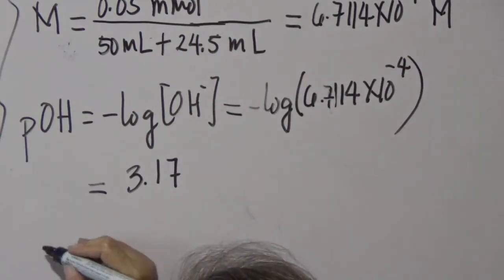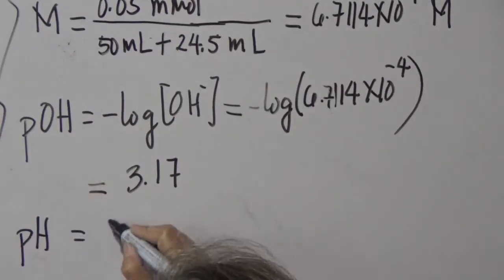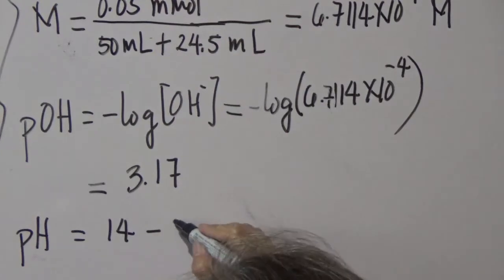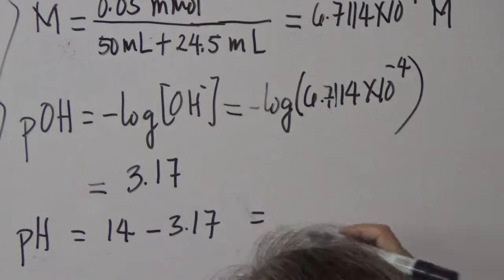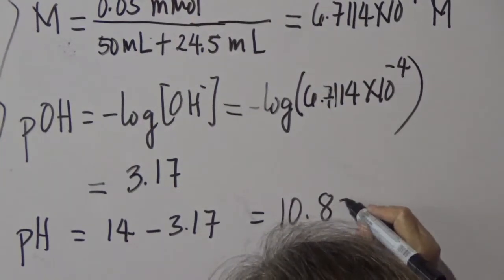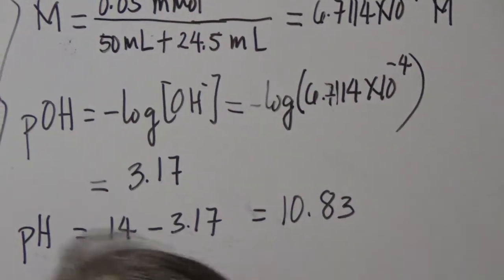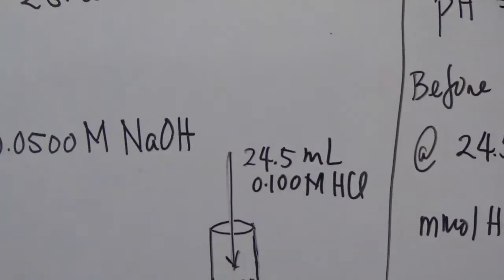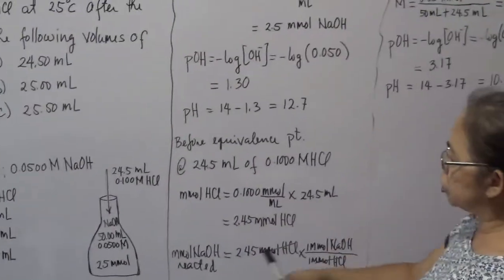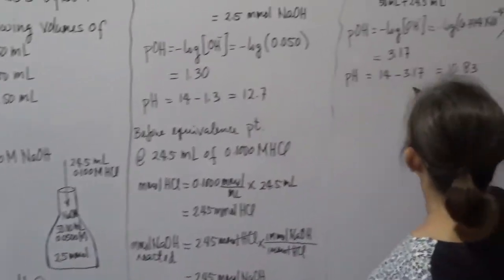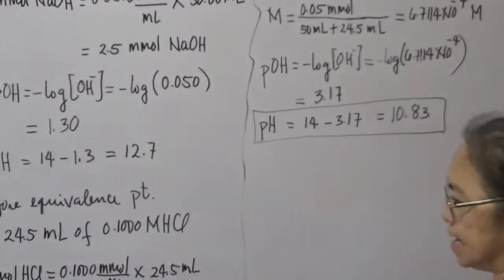That's 3.17. So the pOH is 3.17, and the pH is then equal to 14 minus 3.17, which is equal to 10.83. So, upon the addition of 24.5 ml of hydrochloric acid, the pH of the solution inside the flask is 10.83.